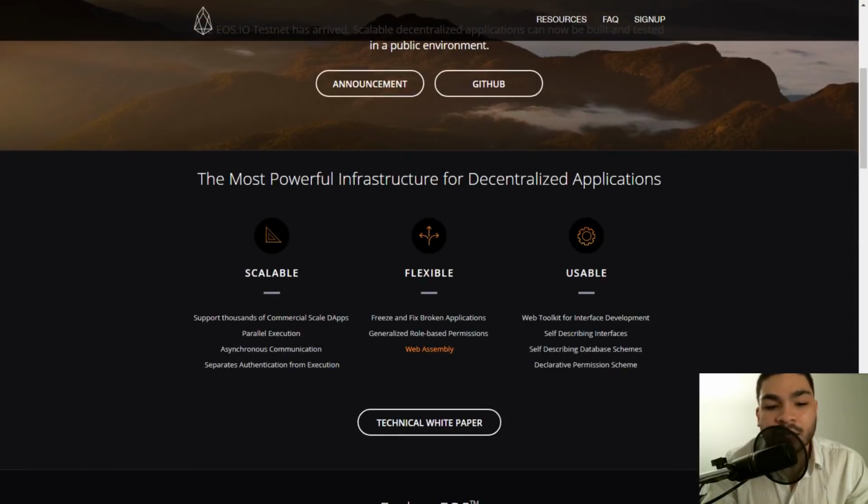So when it comes to scalability, EOS claims to do millions of transactions per second and has the ability to onboard millions of users. Now, how does it do this? It has parallel execution, asynchronous communication, and because of the way that it was constructed from the ground up, it can now support thousands of commercial decentralized applications and smart contracts on top of the EOS blockchain.